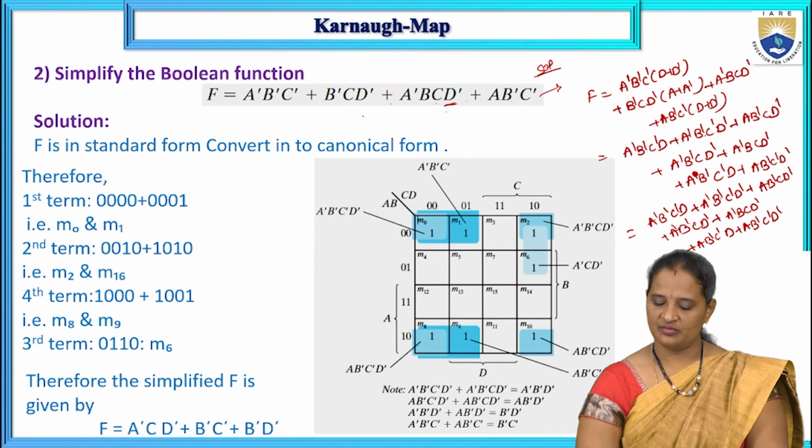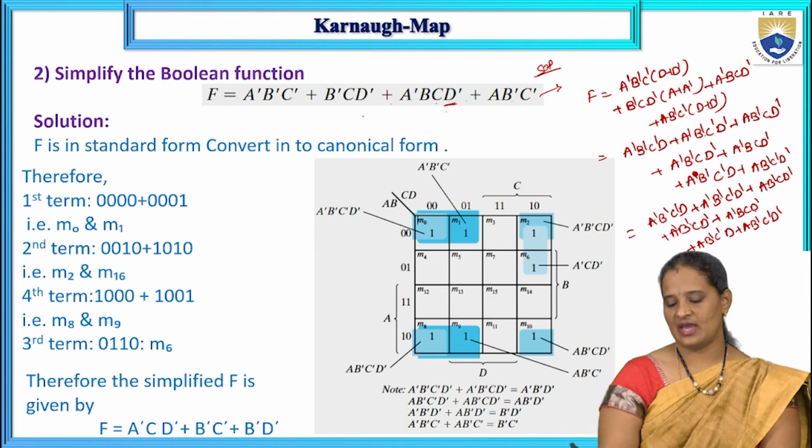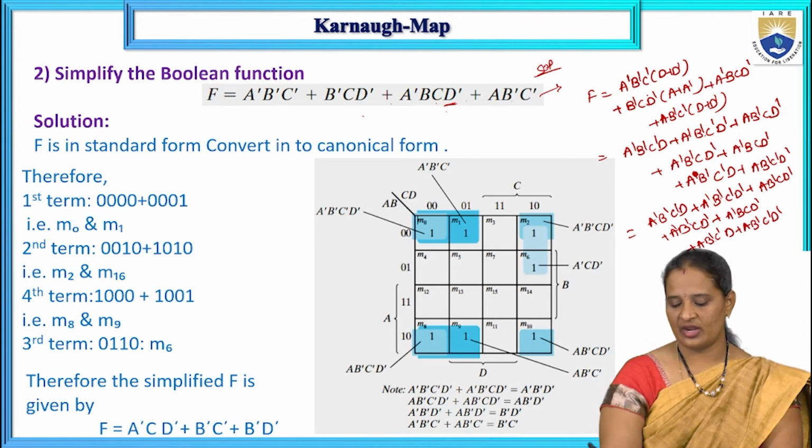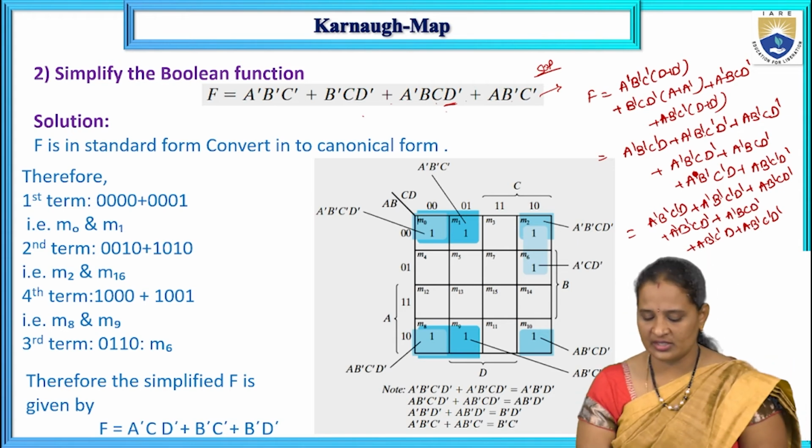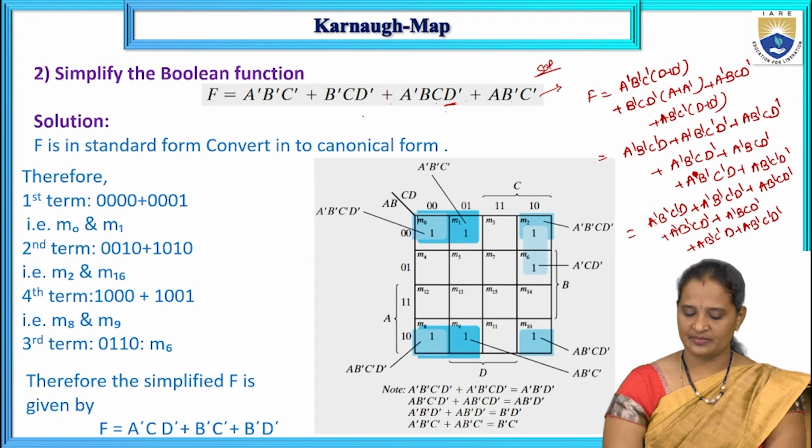So this is the answer here. So this is how I can write this one. That is how you can write the function, or else you can also write it as.